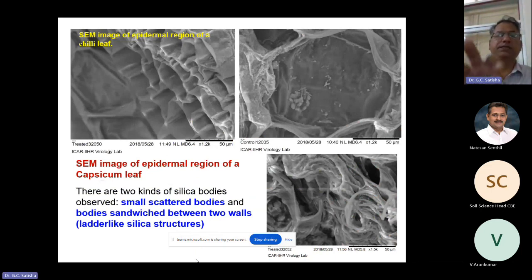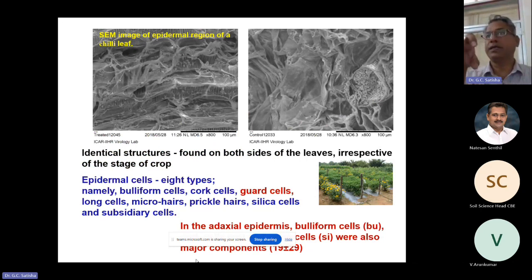Especially, silica is accumulated only in certain specific cells, epidermal cells, like rod cells, silica monofilament cells, and bulliform cells. There are two types in the adaxial epidermis, and different levels of epidermal cells are there.